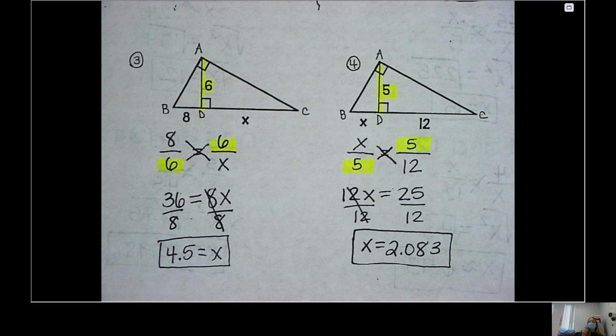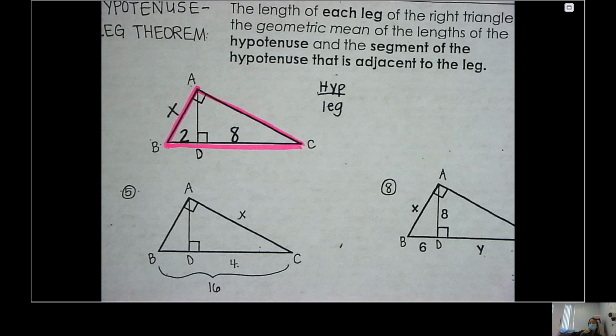Okay, now looking at that whole big triangle in the pink, I'm going to take the hypotenuse and divide it by one of the sides of the leg. Which side is the hypotenuse? BC is the hypotenuse, right? Because here's the 90 degrees. If I go across from that 90 degrees, boom, it's this whole side.